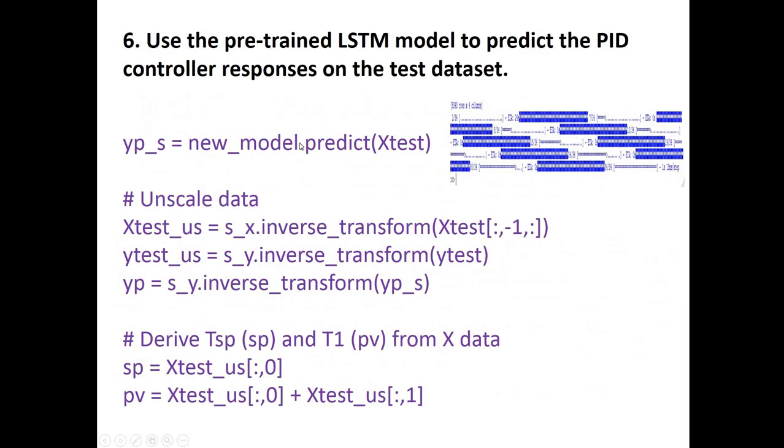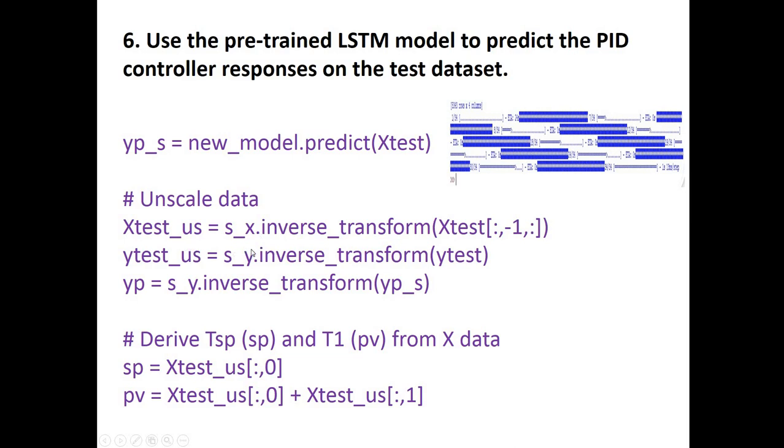And the sixth step is to use the pre-trained LSTM model to predict the PID controller responses on the test dataset. This 20% test dataset is now passed through the model which you have created, and it will predict on the X test and try to see how good a model it is.